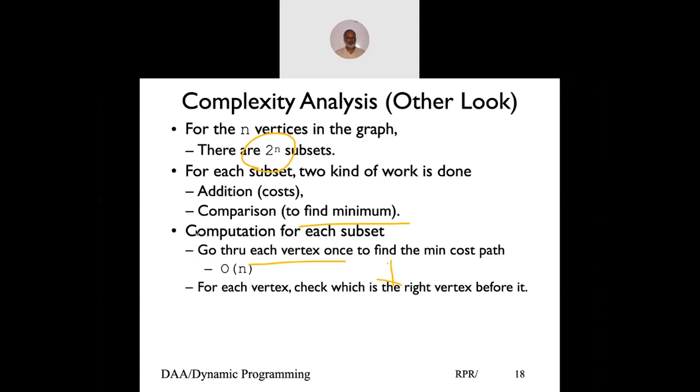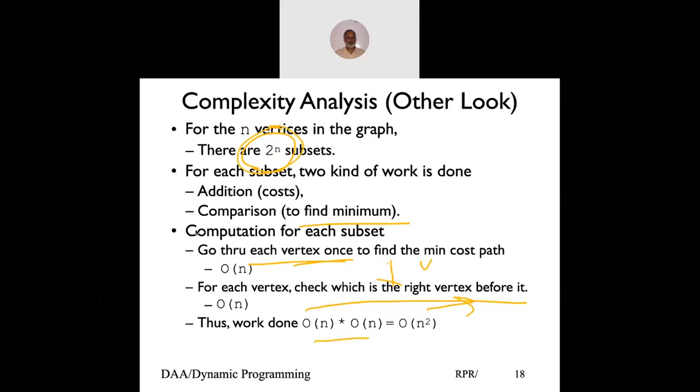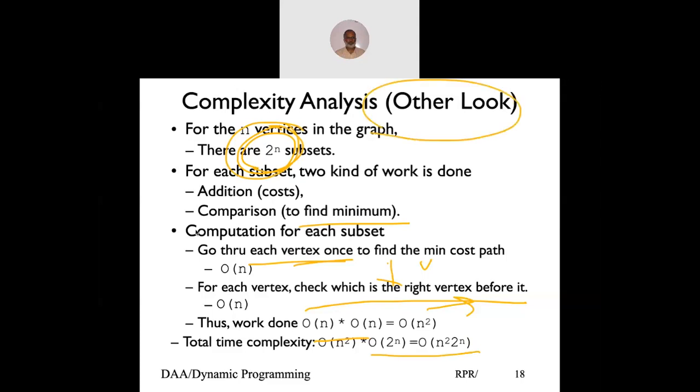This takes order n work, and this takes order n work, that means n square for each subset. So that basically gives me order n into order n square, and since the number of subsets is 2 raised to power n, my time complexity is order n square 2 raised to power n. This is the general way. The other one I gave in the previous slide is what is given in the book.